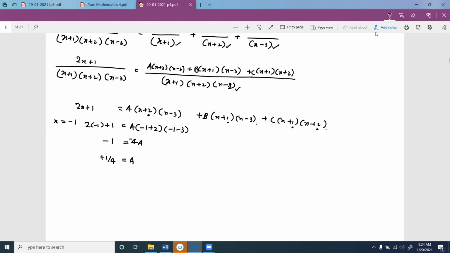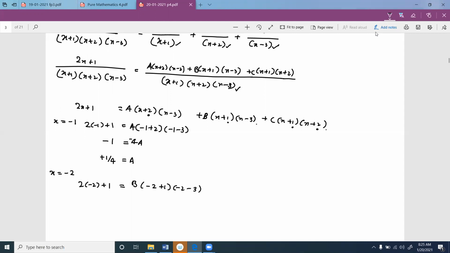Then if I want to get b, I need to cancel a and c at once. The common term for those is x plus 2. So I just make it 0 and put in minus 2. Then you can say 2 times (minus 2 plus 1) equals, then a and c turn to 0, b times (minus 2 plus 1)(minus 2 minus 3).